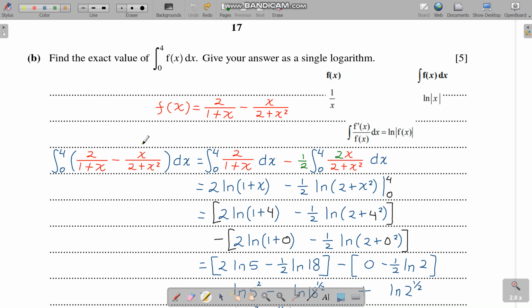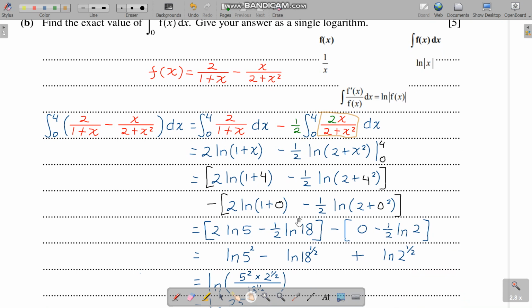That's why we have to modify this integration a little. So we multiply by 2, but we also divide by 2, so we are not changing the question, but the form inside this integration is now one where we can use the MF19 formula. Previously there's nothing we can do, but after we modify a little, now we can integrate this.